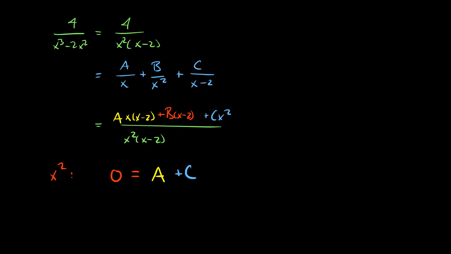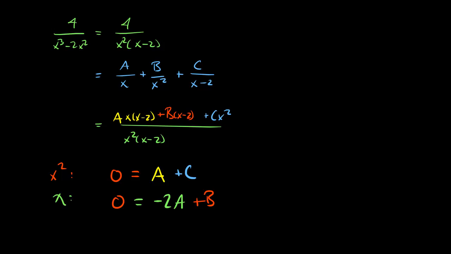For the x terms, where do I get those? Well, I have minus 2 times A x. I have B times x. Plus B and no C. And then there are 0 x's on the left-hand side.